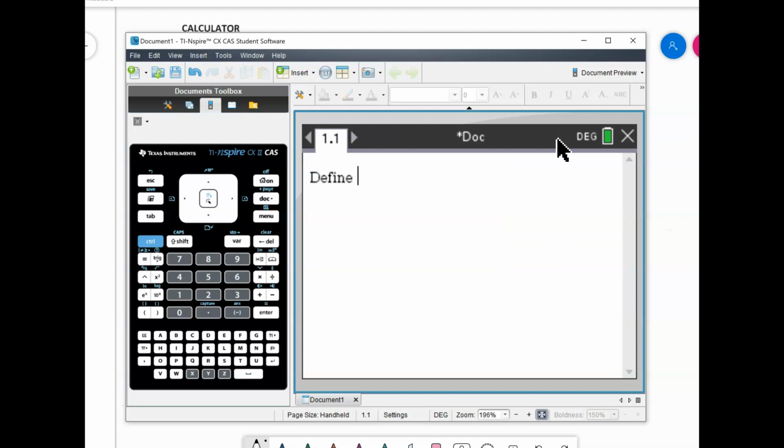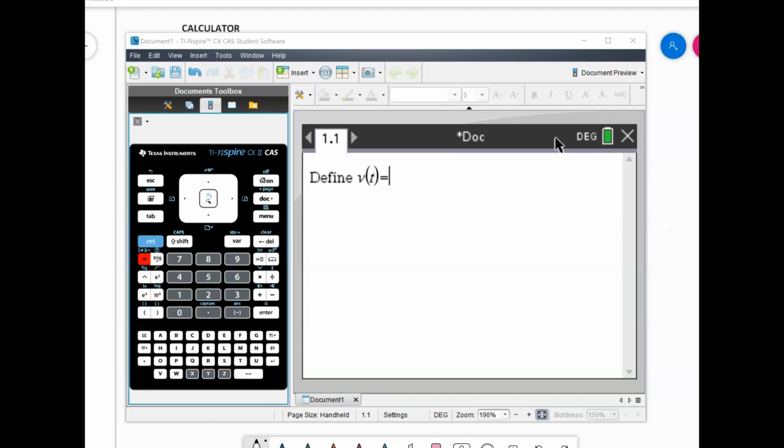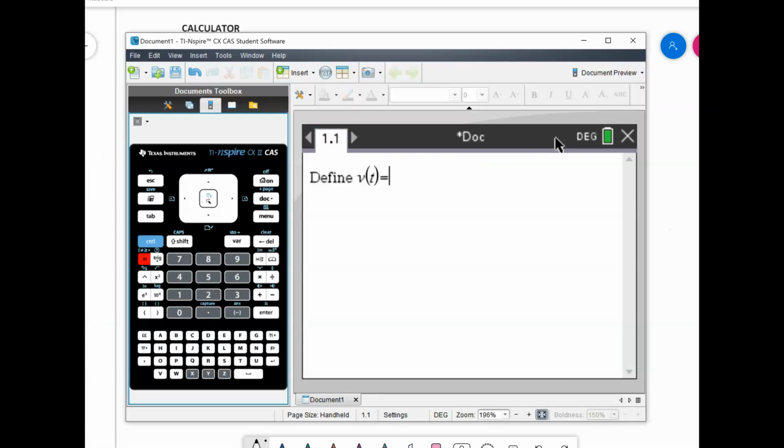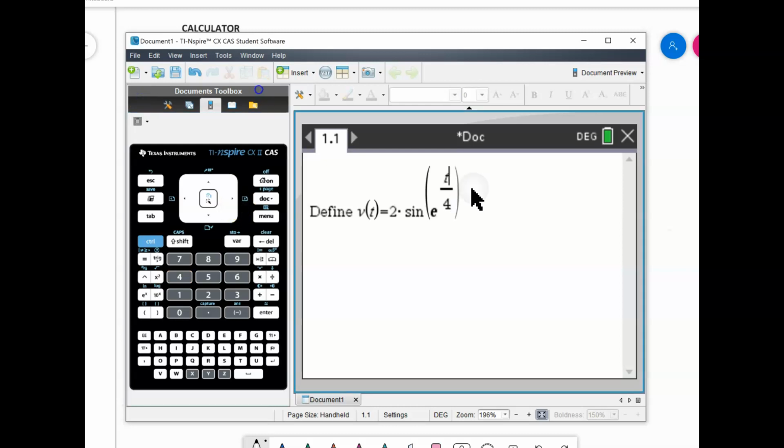And we're going to define v of t to be equal to 2 times sine of e raised to the t over 4, and then make sure you get out of that and then hit +1.